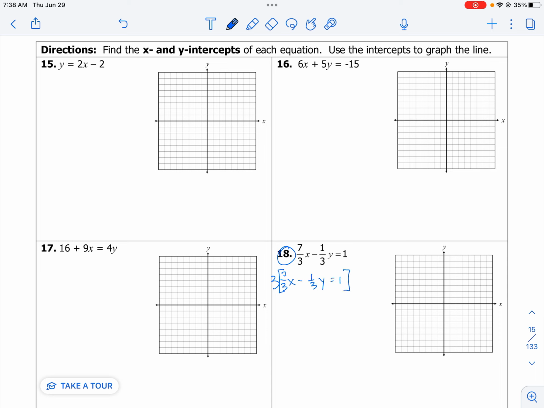And when I multiplied everybody by 3, I got 7x minus y equals 3. So now solving for y, negative y equals negative 7x plus 3, divide by a negative, and y equals 7x minus 3.